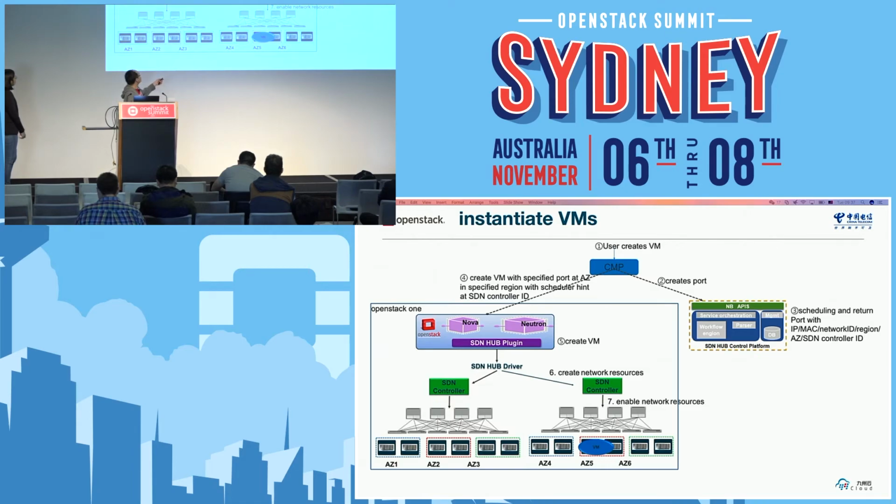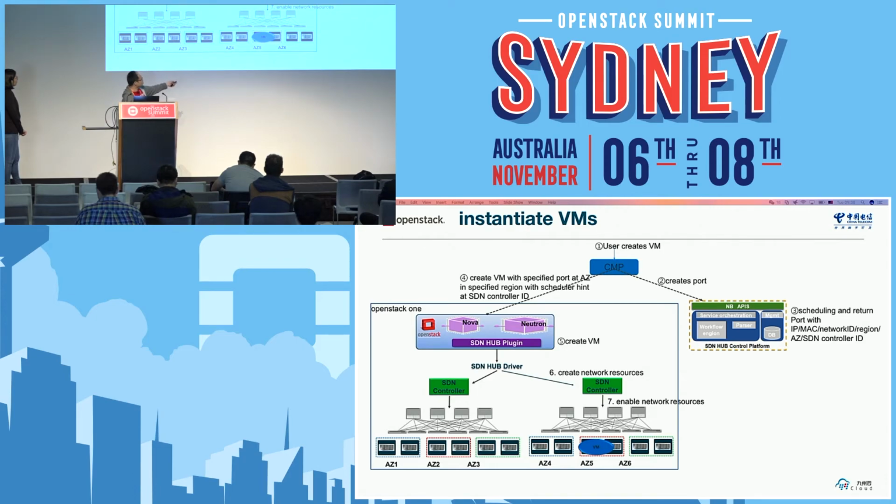At step 5, the OpenStack will create virtual machines. And because the SDN Hub plugin knows the controller ID from the scheduling, the SDN Hub plugin will select the specific controller to create the network resources, such as network, such as the port, and even if we have other resources, such as L3 VPN resources, they are requested to the SDN controller.